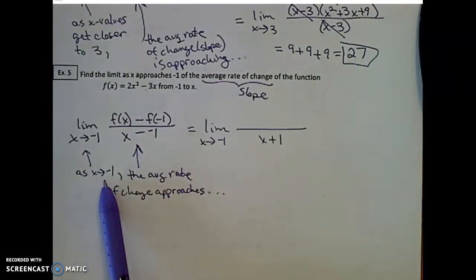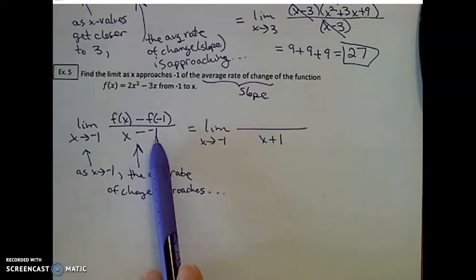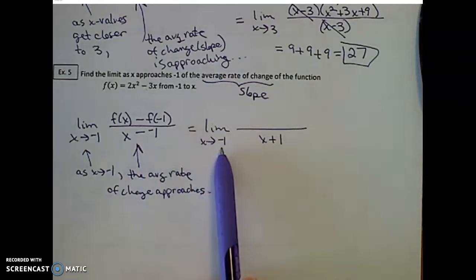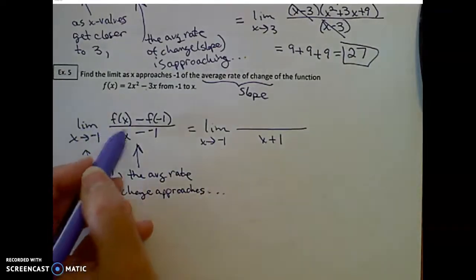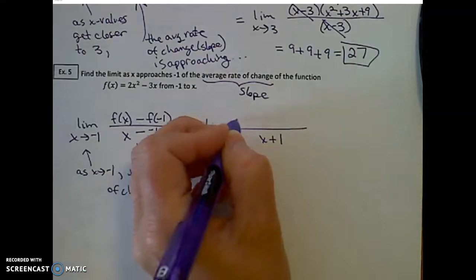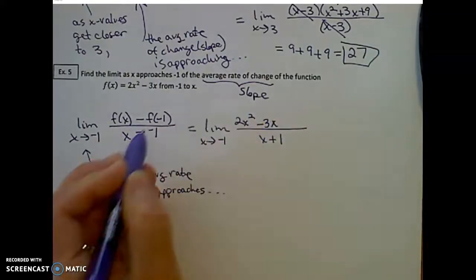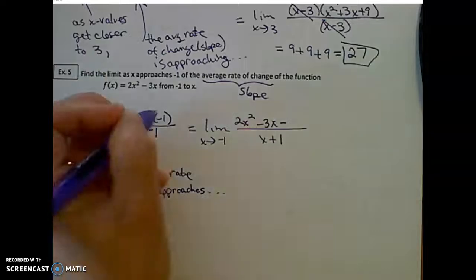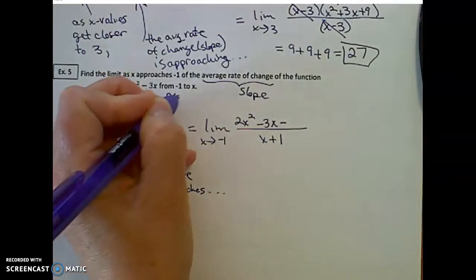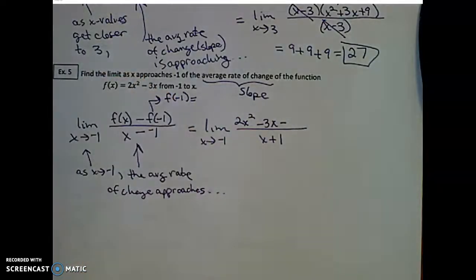Again, as x values approach negative 1, the average rate of change approaches what? That's the limit as x approaches negative 1. My function itself, which is 2x squared minus 3x minus f of negative 1. Could you pause for a second and find f of negative 1, please?